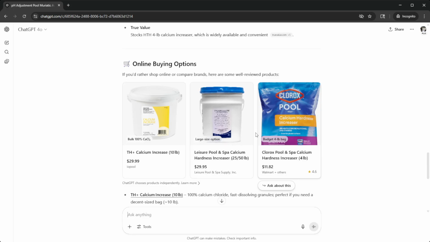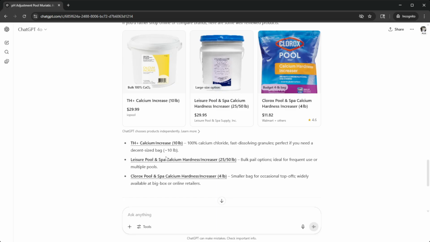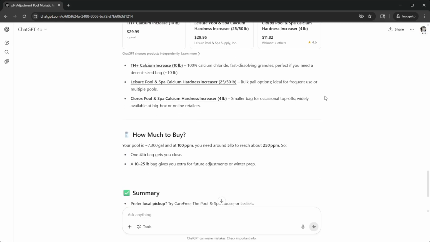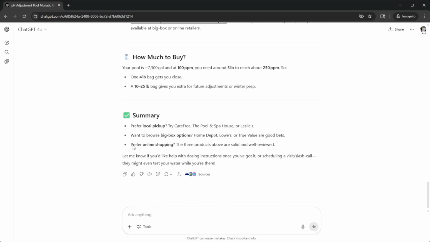So you would look for this at Lowe's or Home Depot for $11.82. And if you went to the pool store, it'd be 4 times as much. So that's how you do that. How much to buy? It tells you everything.